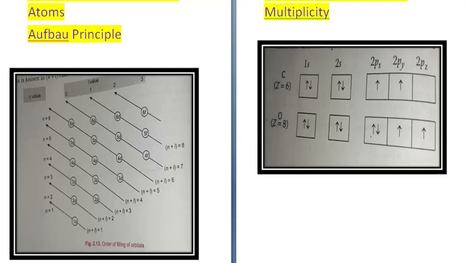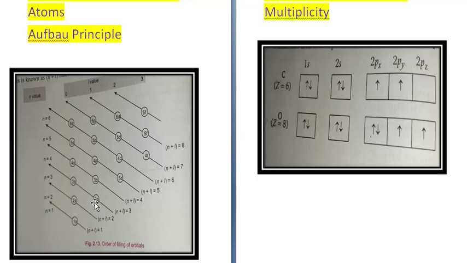So 3s and 2p both have n plus L value 3. But which is the one which will be filled first? In such a circumstance where both of them have equal n plus L value, the orbital with the lesser n value, in this case 2p, is filled first. So first 2p will be filled and then the electron will go to 3s.